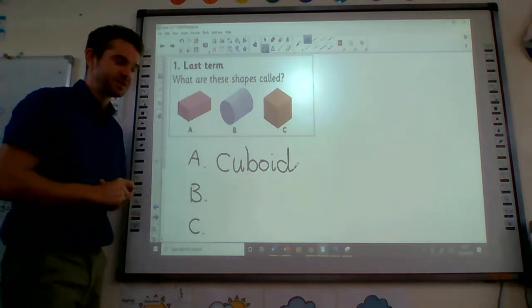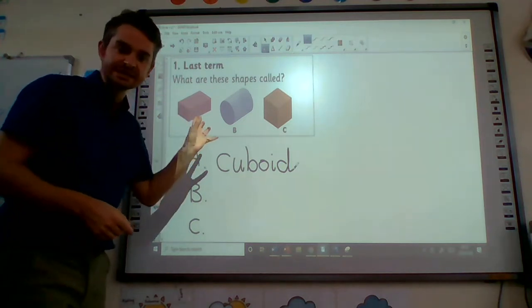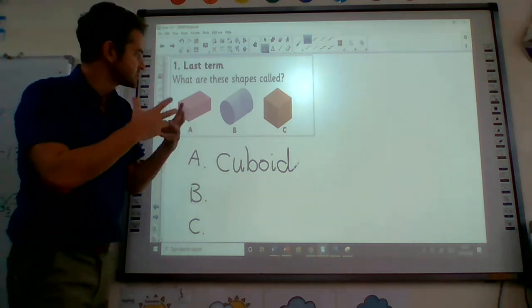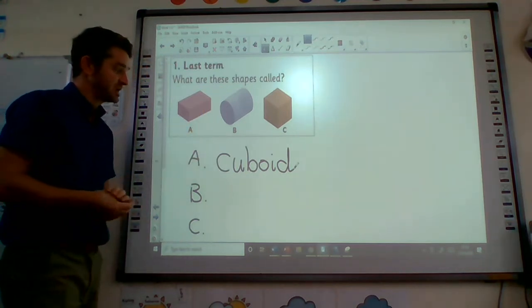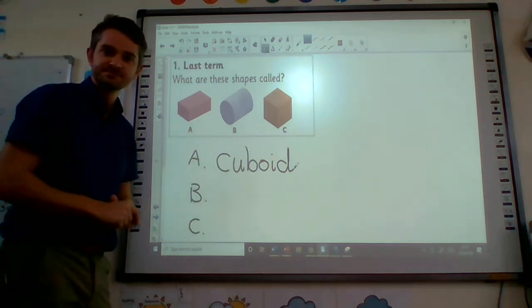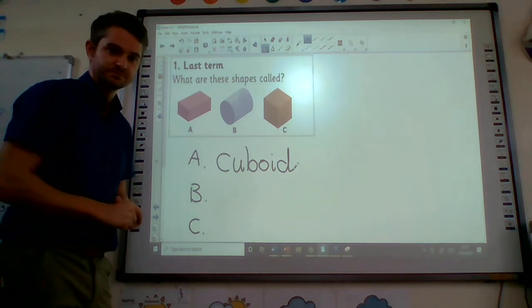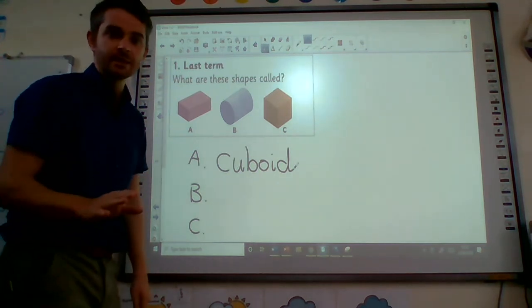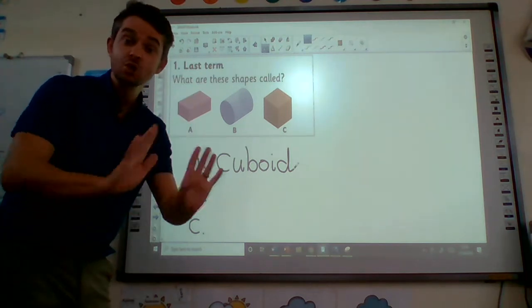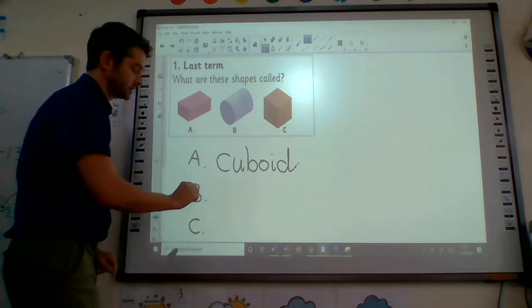B. Can you remember the name of B? It's like a tin of beans, or a can of sweet corn, or a can of Coke. What's the name of B? Write your answer now. Okay, B, very, very tricky to spell. If you didn't spell it correctly, that's okay, because it's a super tricky word.